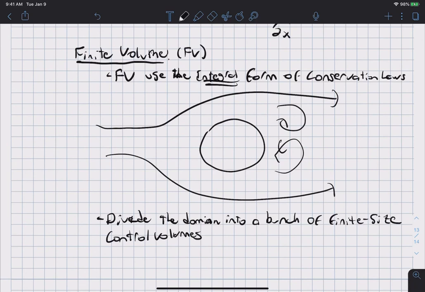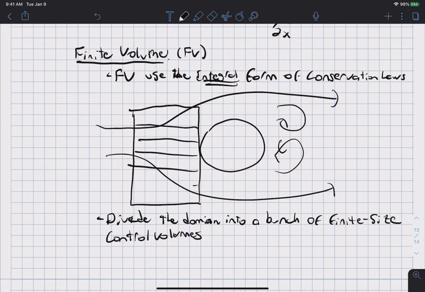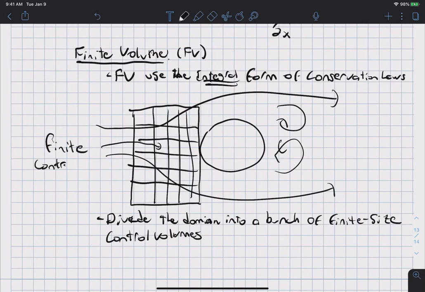Whereas for finite difference we had a bunch of grid points here, here, and here, with finite volume we actually draw a grid, and I'll just draw a few of them here, and these are all little control volumes. So these are finite control volumes.